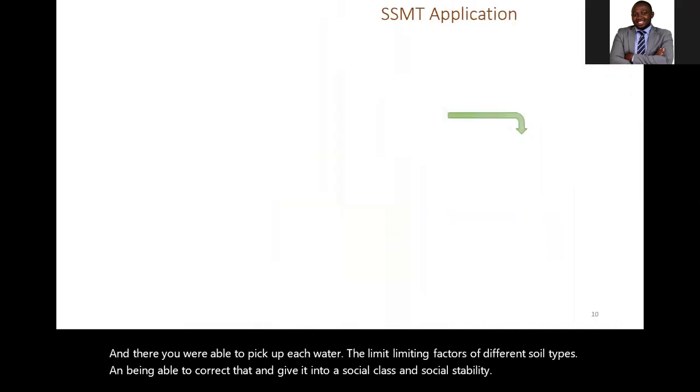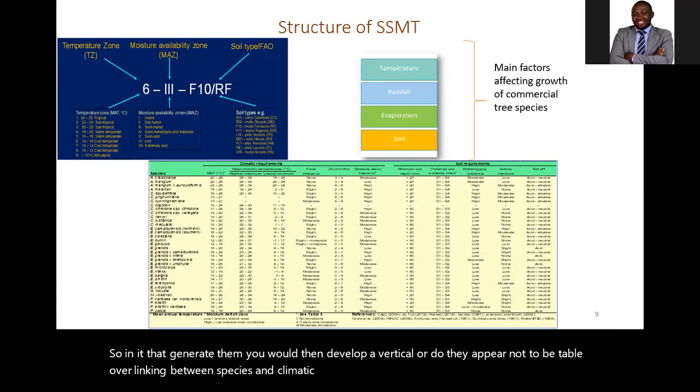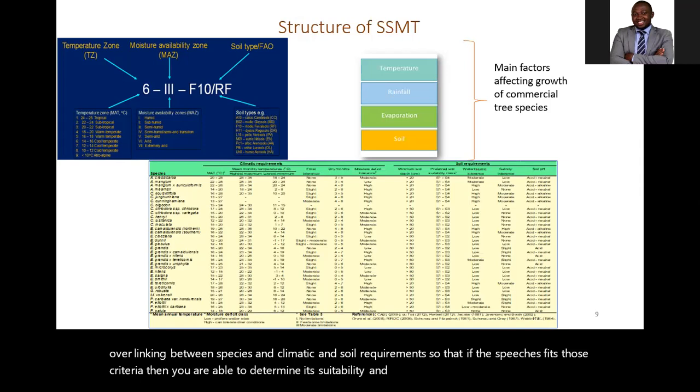So generally, you would then develop what would appear as an attribute table linking a species and the climatic and soil requirements, so that if the species fits those criteria, then you are able to determine its suitability and the range of suitability, as I'll show you in a number of slides ahead.